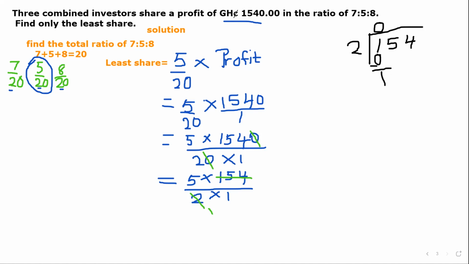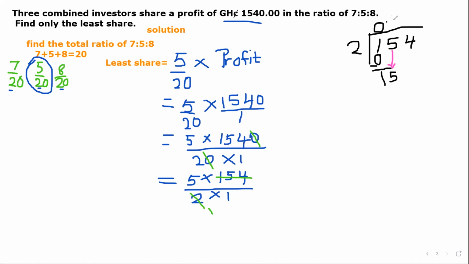The next step, they'll go and share the 5. But don't forget, they have a leftover of 1. So when they attach it, it will be 15. 2 sharing 15, or 2 times what equals 15?